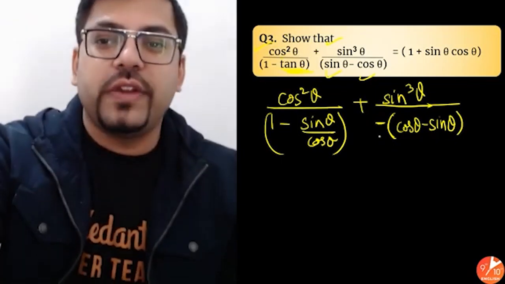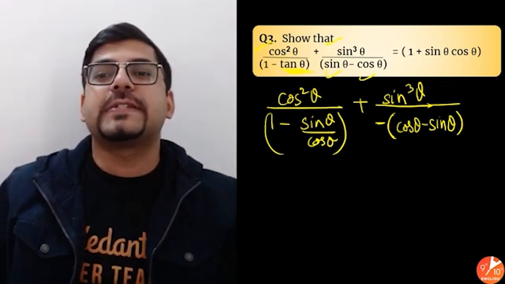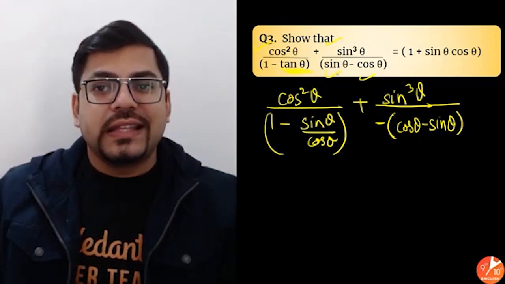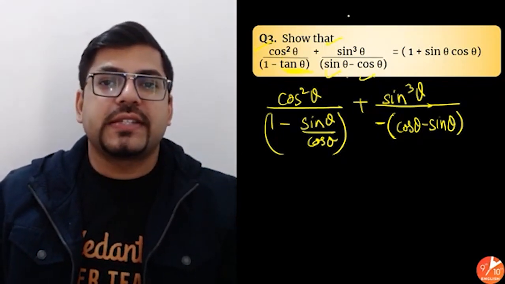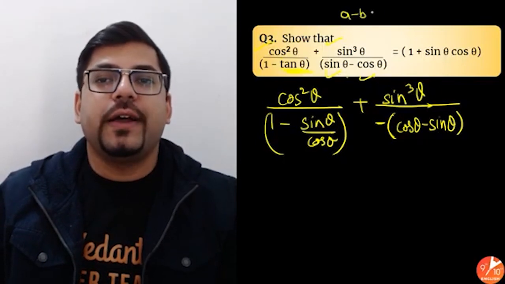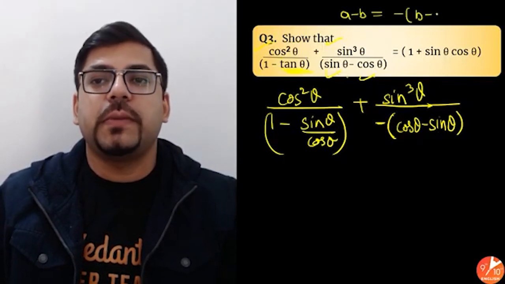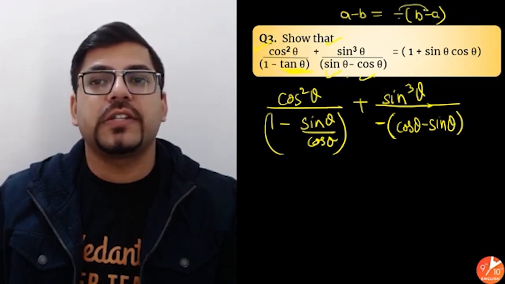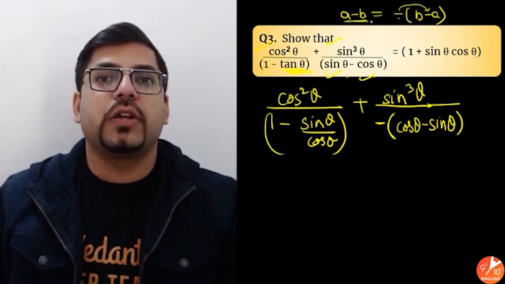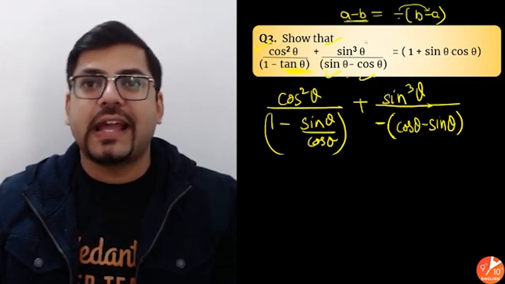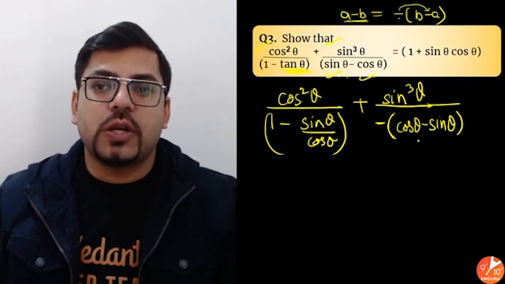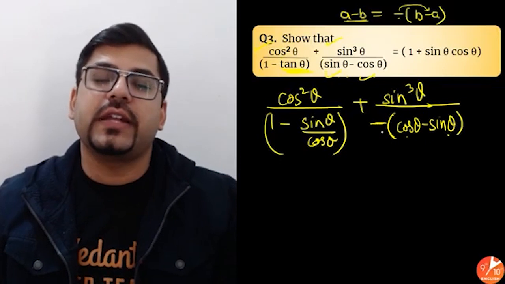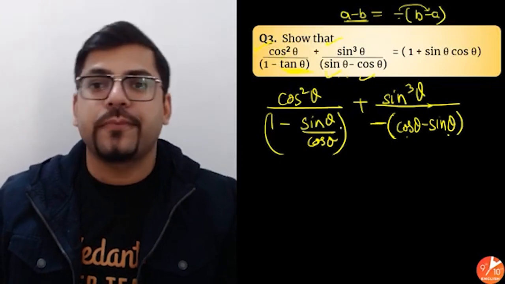It's very simple: just assume this is sine minus cos, so this is a minus b. a minus b can be written as minus of b minus a. It does not make a difference, because minus into minus gives plus. So I have written sine minus cos as cos minus sine and taken a negative sign outside as common.